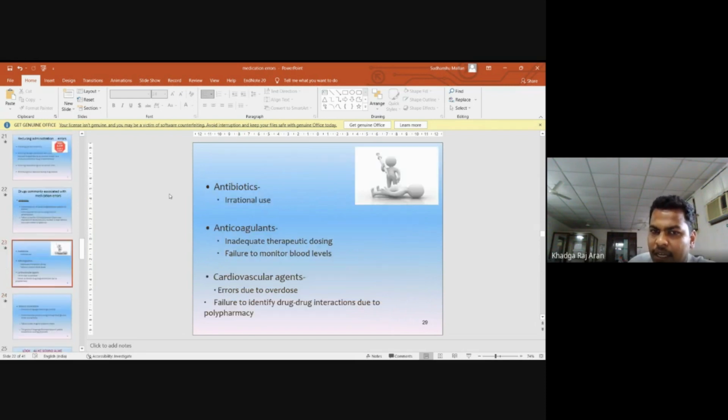Some antibiotics also cause medication errors. The irrational use of antibiotics causes medication errors as well as antibiotic resistance in the patient.